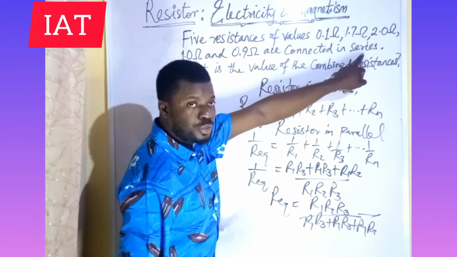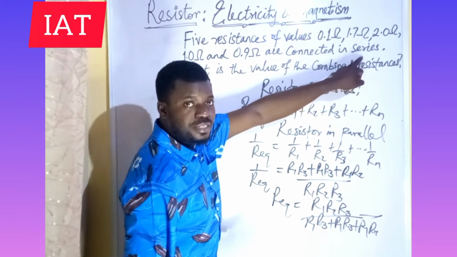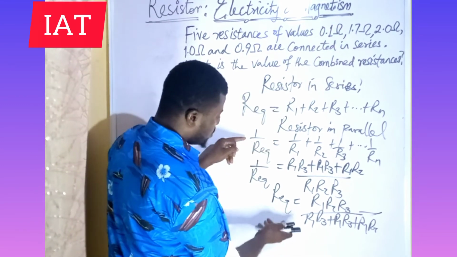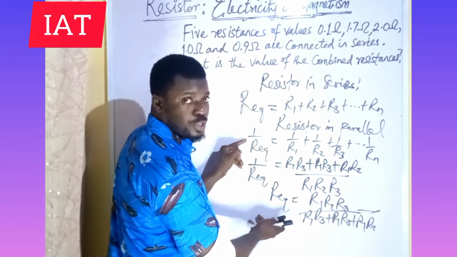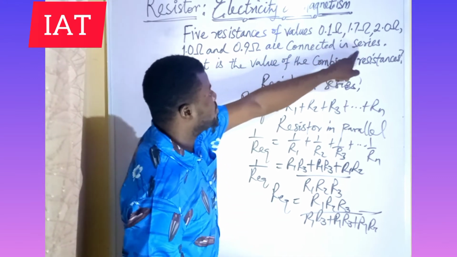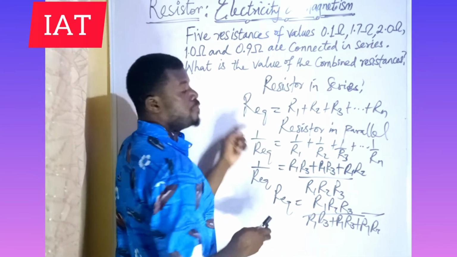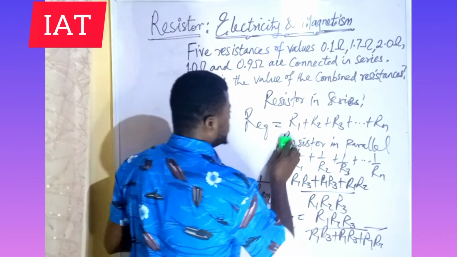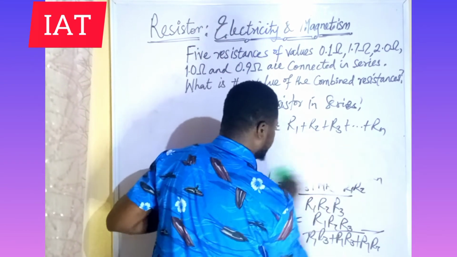So you pay attention to the instruction here. If it is said that these resistances are connected in parallel, then you should consider either of the two formulas I have introduced. But since they said it's connected in series, then you consider the first formula that I have introduced.